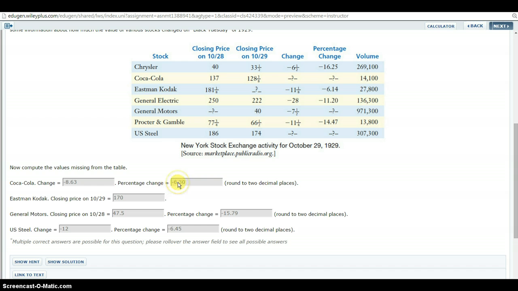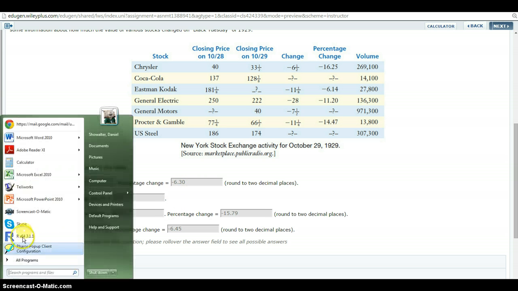So percentage change, we're just looking at the absolute change divided by, and we may not be sure which price to use here, whether it's the 137 or the 128 3/8. In this case you would have 2 tries.